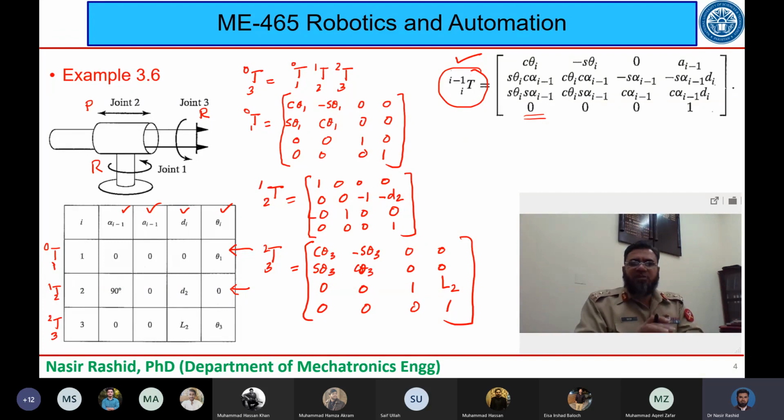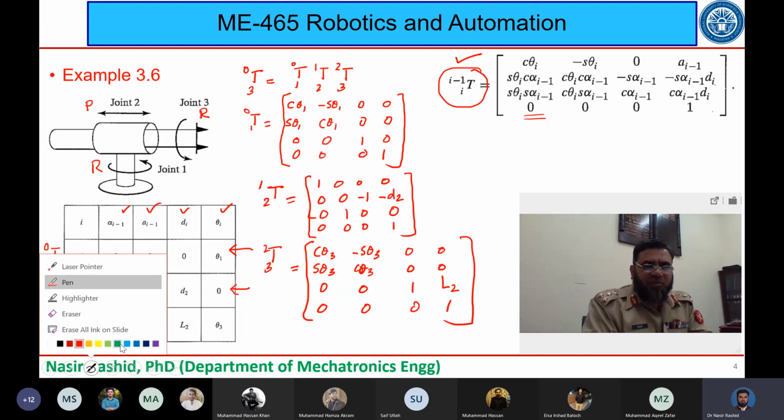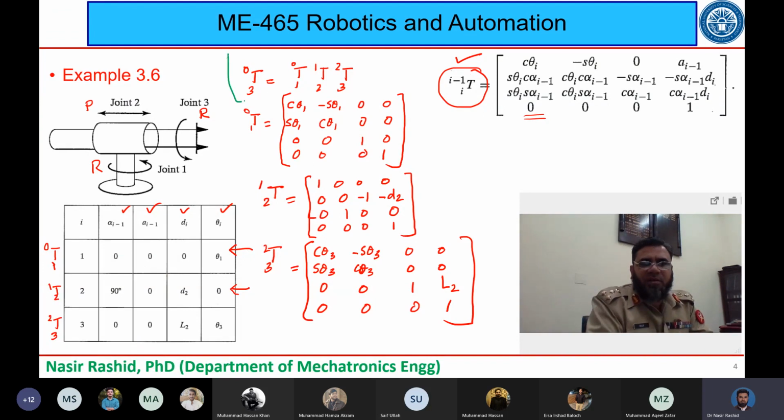Now when I multiply these three matrices together, I can find out T3 to 0.